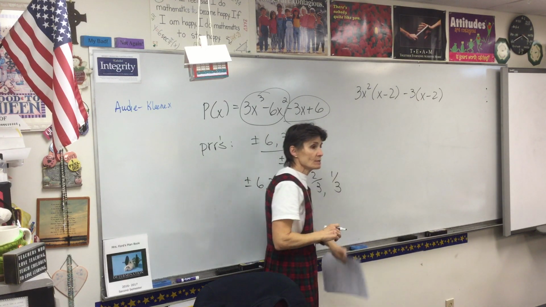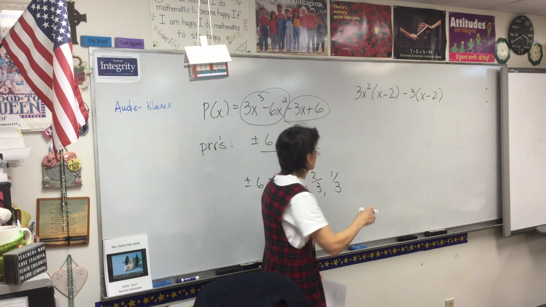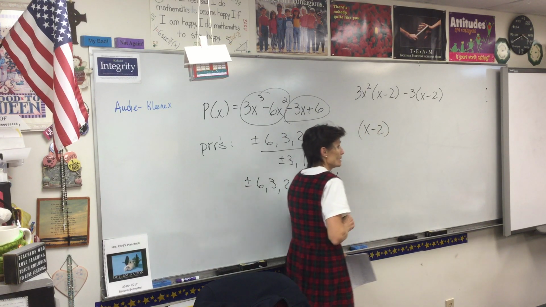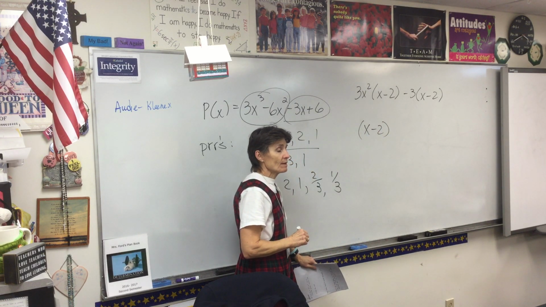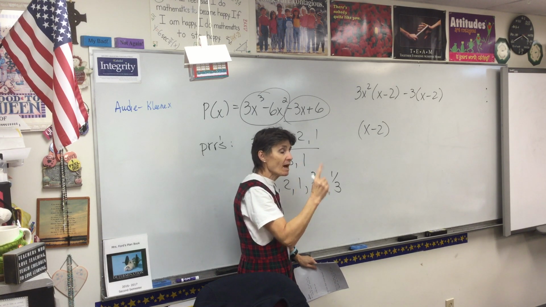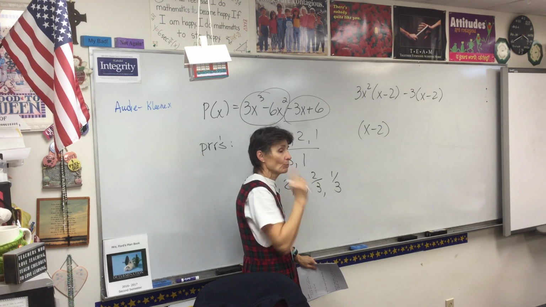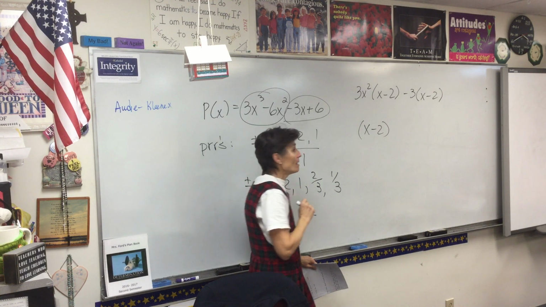Is this good news? Mm-hmm. It's joyous news because they match. When I write down the match, when I write down x minus 2, I write it one time. I don't square it, I don't write it twice, I don't put a 2 in front of it, I write it down. Write down the match.